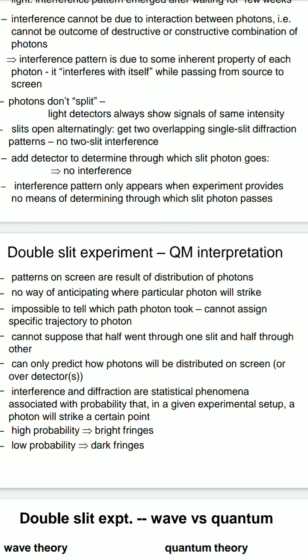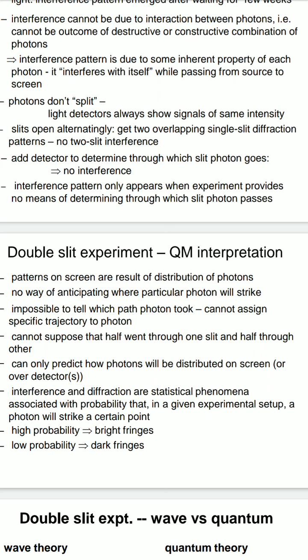So we see the pattern which is the distribution of photons there, and there is no way of anticipating where a particular photon will strike. We cannot predict that a particular photon will strike at a particular place. We cannot accurately say.